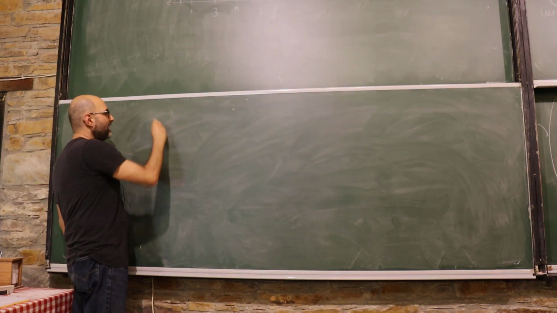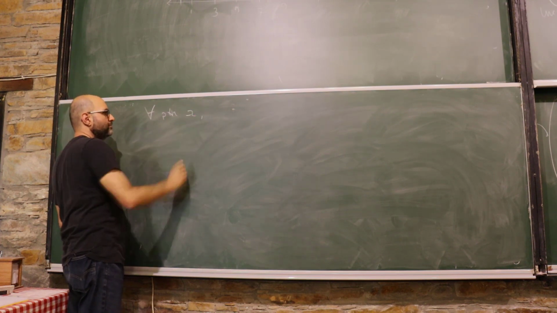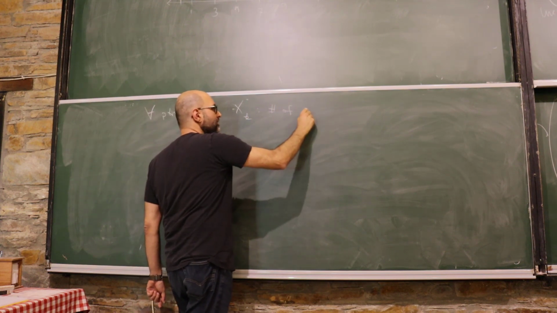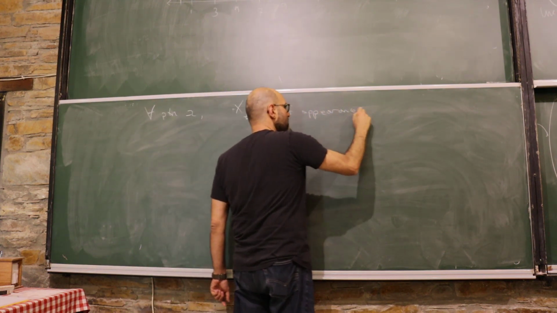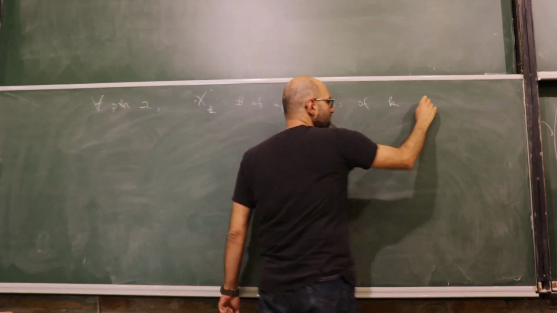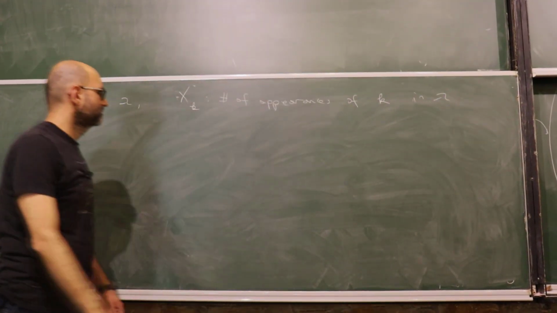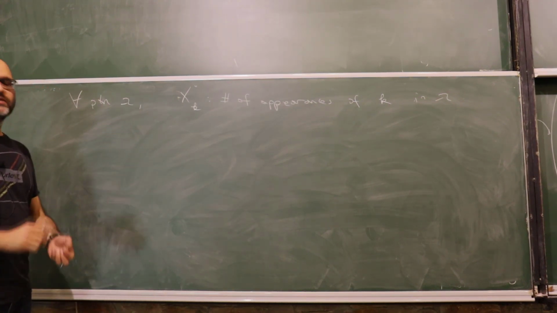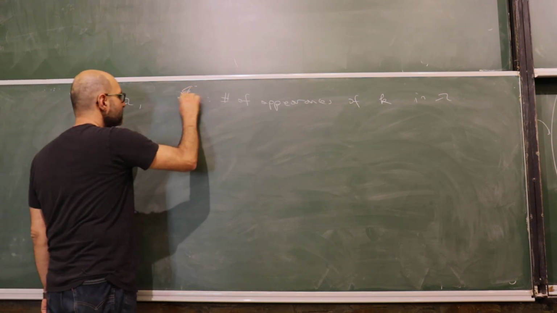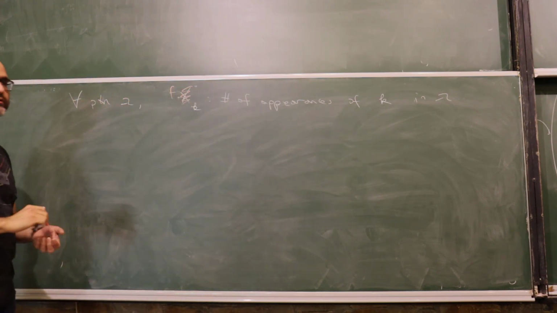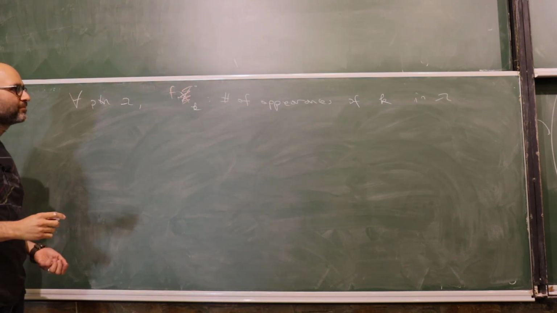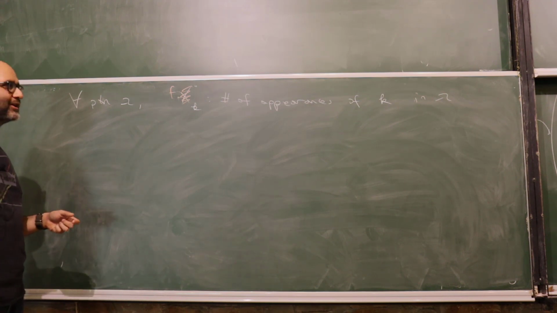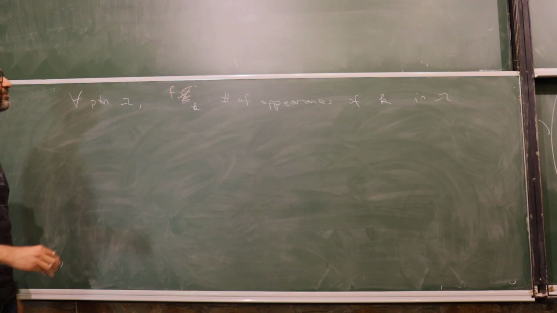So for any partition lambda, x_k will be the number of appearances of k as a part in lambda. Or we partitionists call this f sub k, f for frequency. Of course, x is a more handsome letter, I'll give you that, but we just call it f sub k.